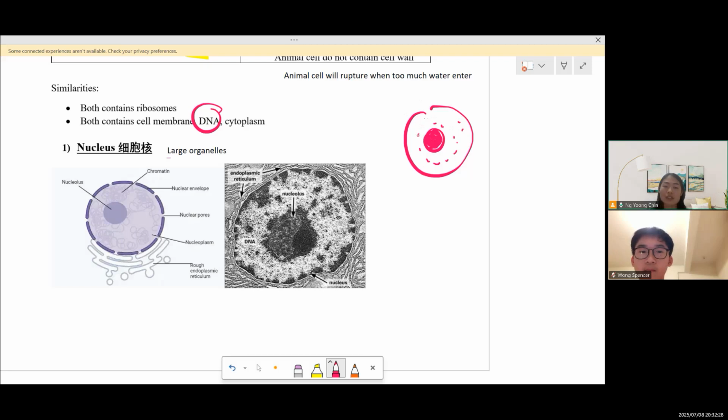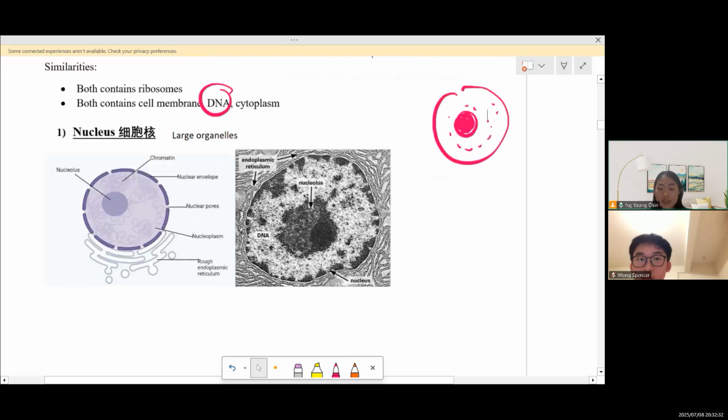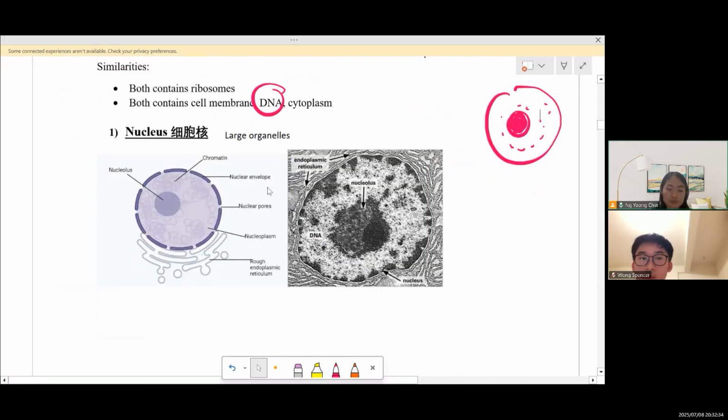Okay, so let's have a look at the nucleus structure. So this is the structure of the nucleus. This whole thing is the nucleus. Inside it is surrounded by the DNA.